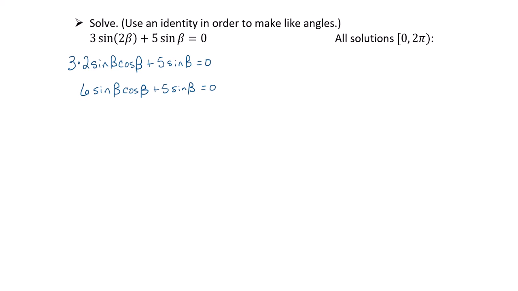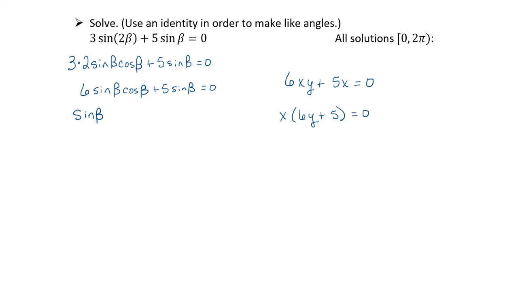So now what I want to do is factor out a sine beta. So how do you know? This is similar to if we had 6xy plus 5x equals 0. What would we do to solve that? We would factor out the x, and we would be left with 6y plus 5 equals 0.